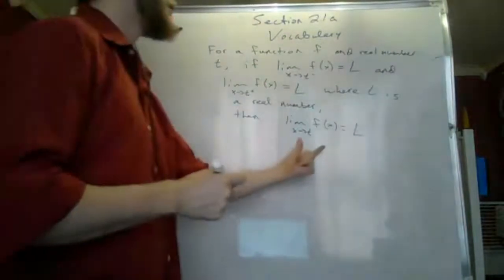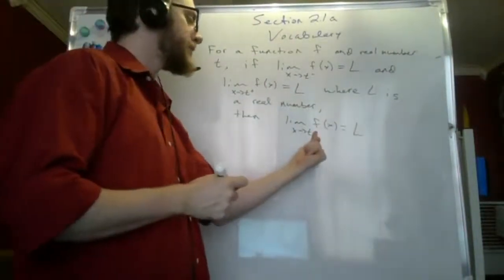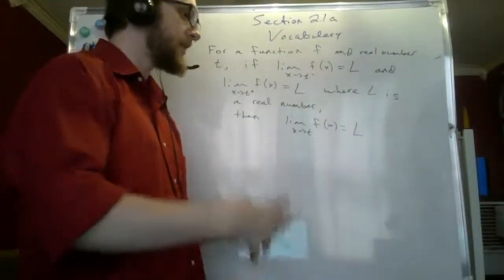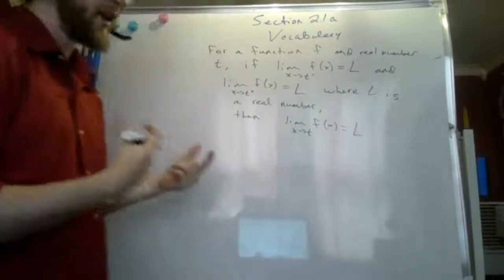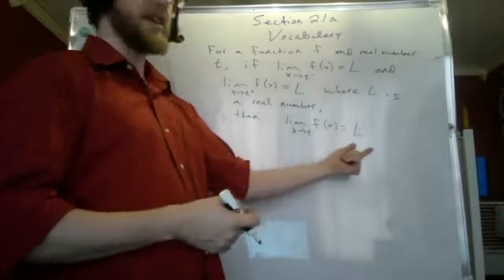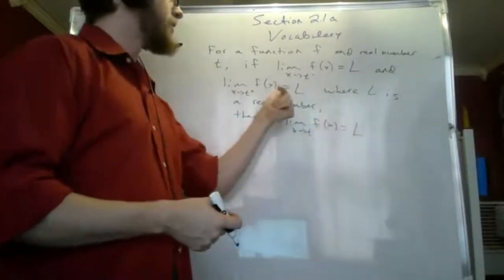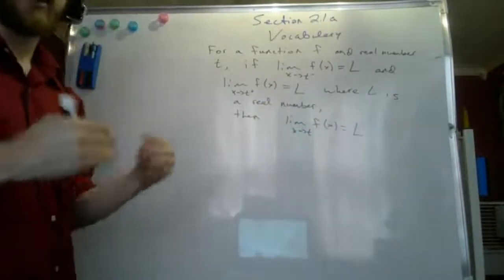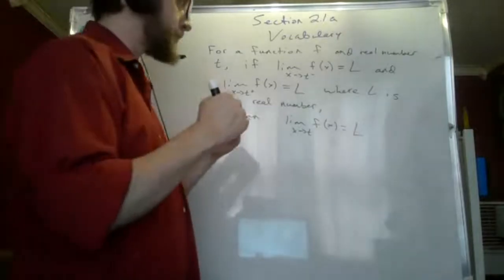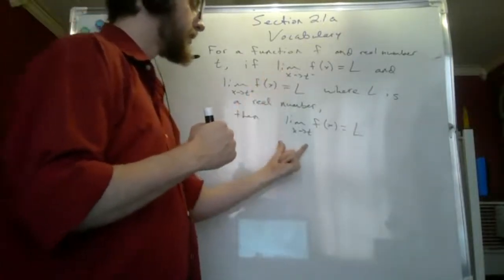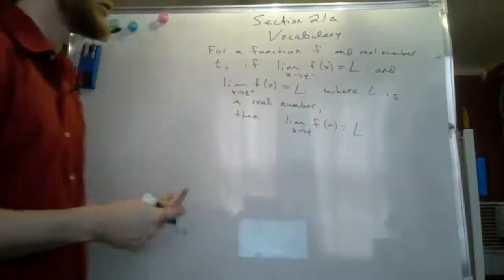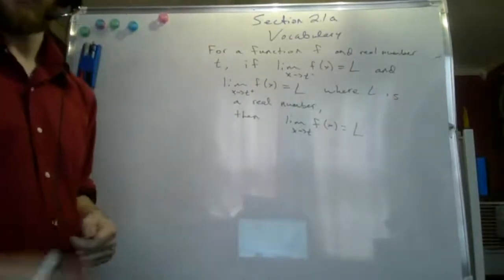Now notice symbolically this limit doesn't have a plus or minus here. This is the true limit of the function as x is approaching t. In order for the limit of a function to equal anything, the left and right hand limits have to agree. They have to meet at the same point, and when they do, then the limit of the function is equal to that.